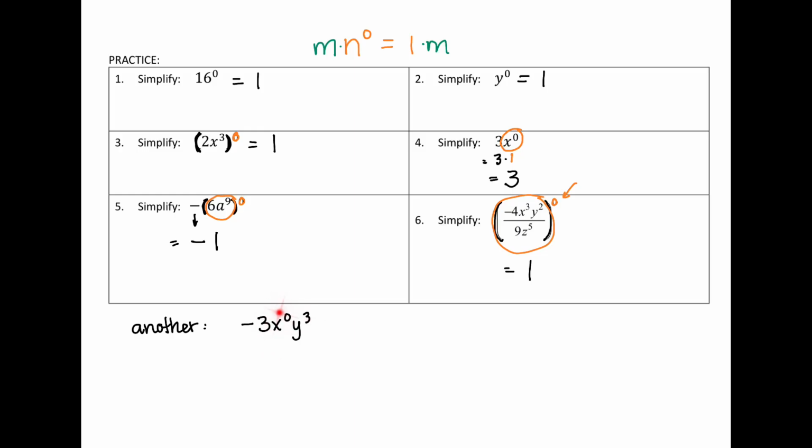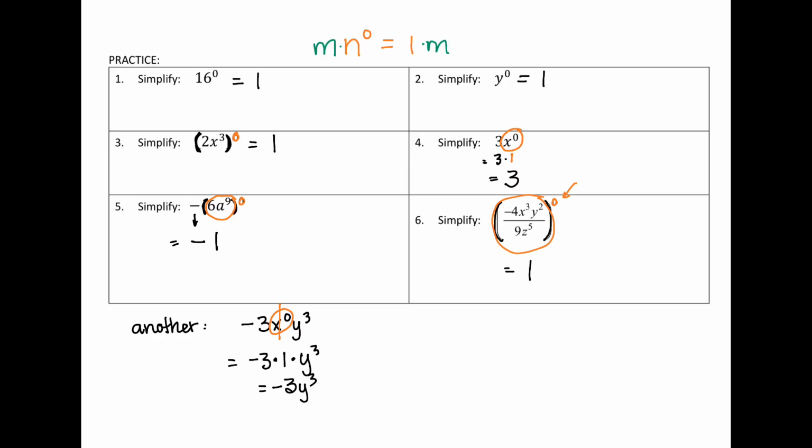The 0 is on the x. It's an exponent on the x. So that means only the x turns to a 1. So technically what we have is negative 3 times 1 times y cubed, which is negative 3y cubed.